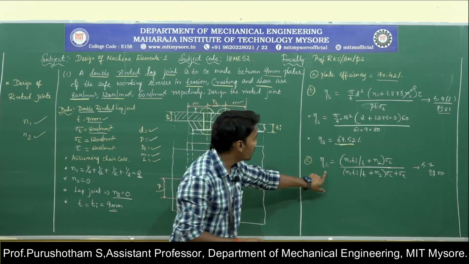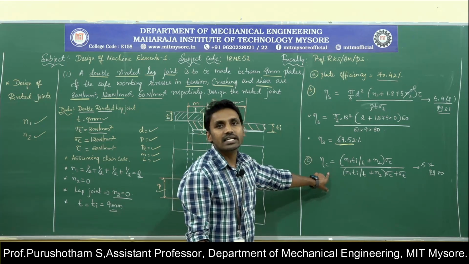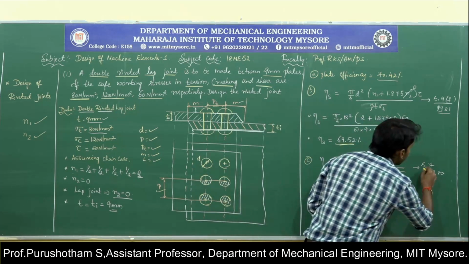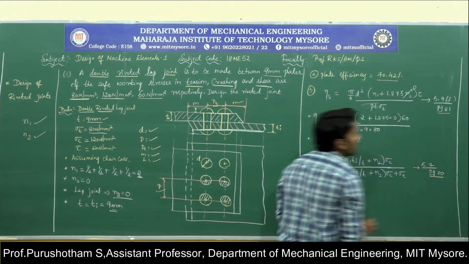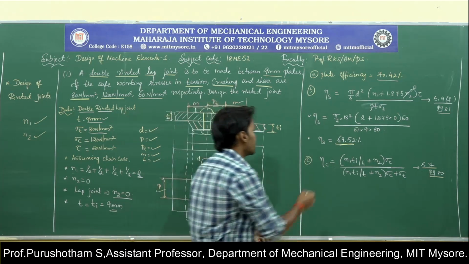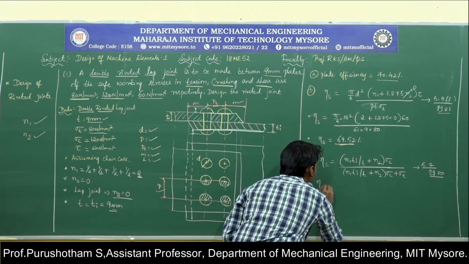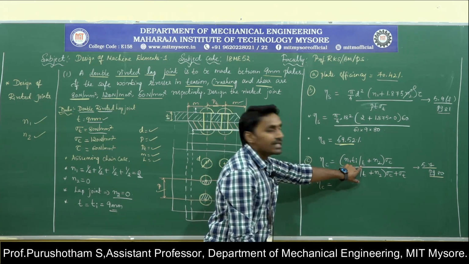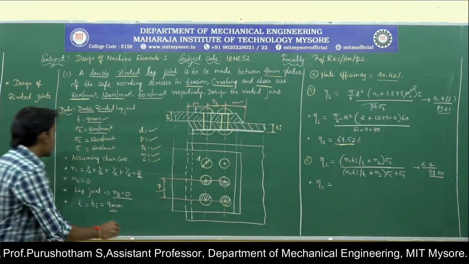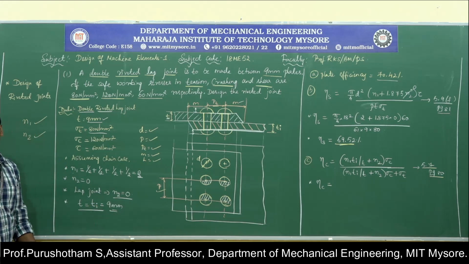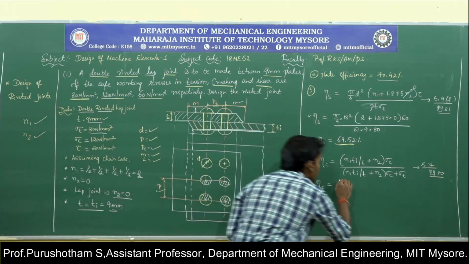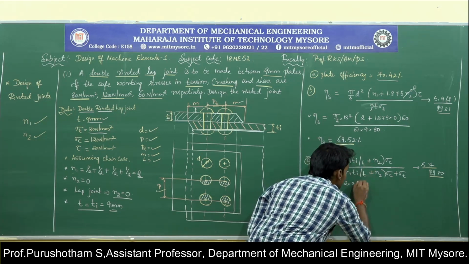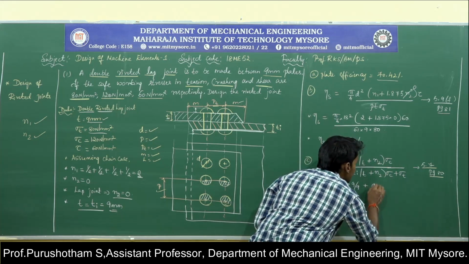Similarly, next we move on to calculate efficiency in crushing, which is given by this equation, available in the data handbook 5.7, page number 80. Now I am going to substitute the values. Efficiency in crushing is given by N1 into Ti divided by T. In the lap joint, as we know, T is equal to Ti. So N1 is 2, Ti is 9 divided by T is 9, plus N2 is 0.